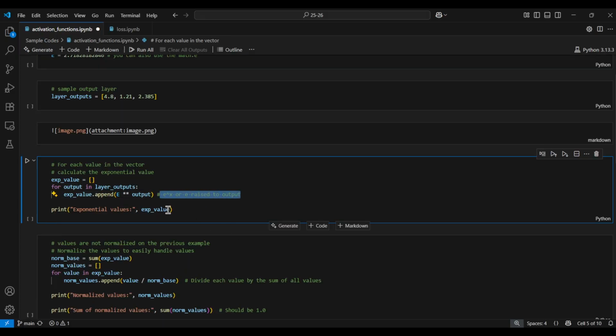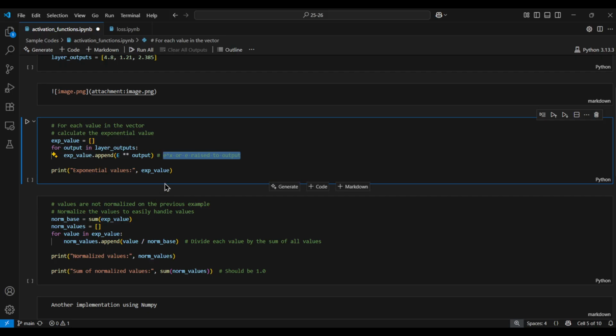That is going to be the output of the softmax function. But in this case, the output is going to be floating numbers, so you will be considering a lot of decimal points.